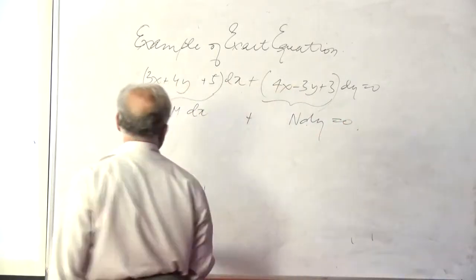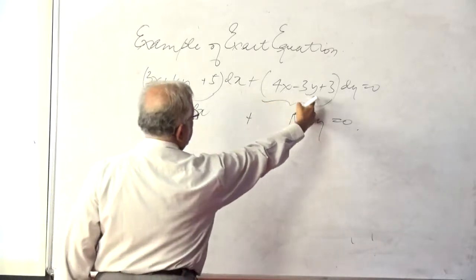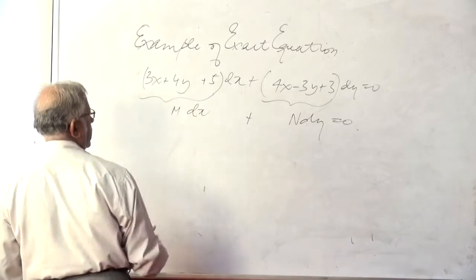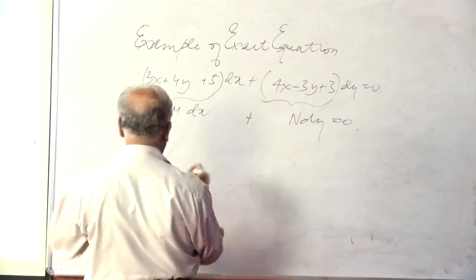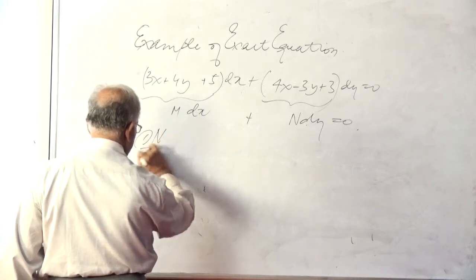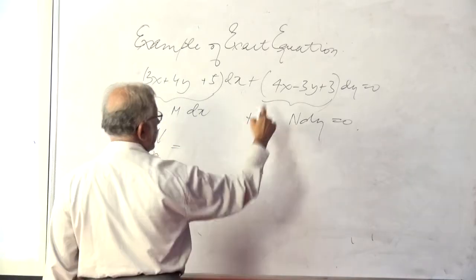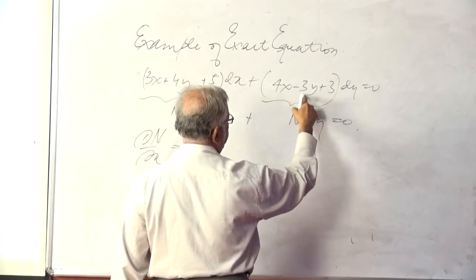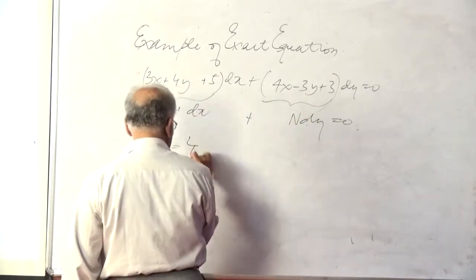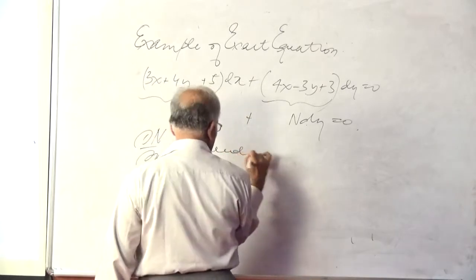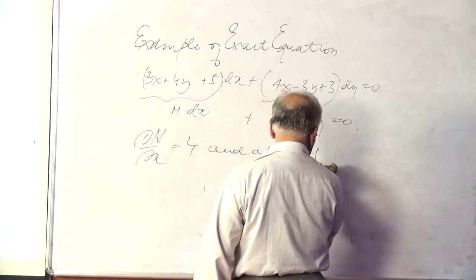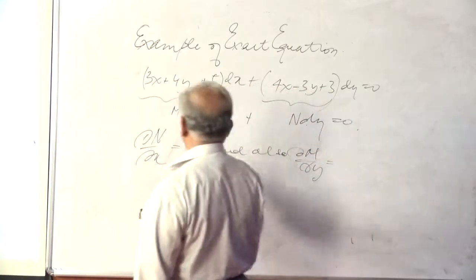Now we see if del N del x is equal to del M del y, and if that is so, it is an exact equation. Now doing del N del x, we get 4, because we differentiate this with respect to x, it cuts to 0. And also del M del y similarly is nothing but 4.